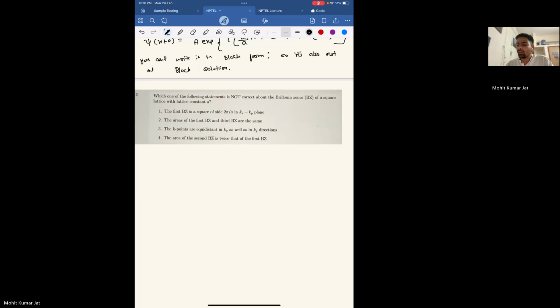Now moving on to problem number three, which says: which of the following statements is not correct about the Brillouin zone of a square lattice with lattice constant a.